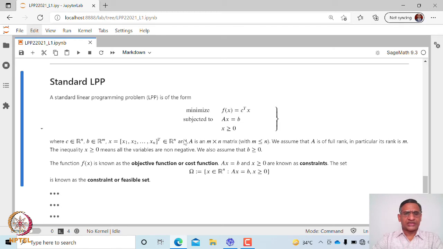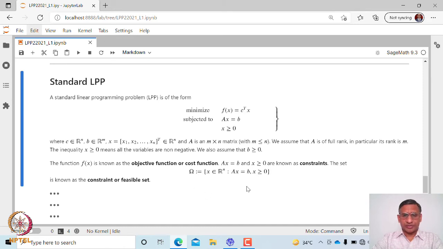Now as I said earlier, this first f(x) is what is called the objective function or cost function, and this Ax equal to b, x greater than or equal to 0, is called the constraint. Therefore, if you define the set of all x in Rn, that is x1, x2, ..., xn in Rn, which satisfy these constraints, that is Ax equal to b and x greater than or equal to 0, and denote it by omega, then this is called the constraint or feasible set.